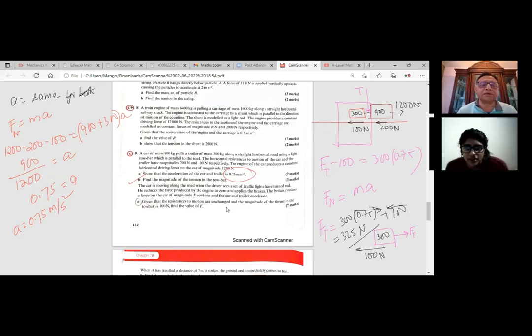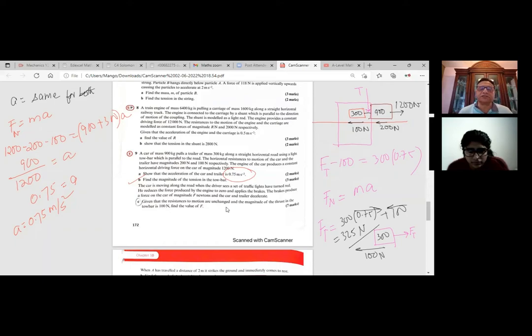Okay. What is the next part? The car is moving along the road, and the driver sees a set of traffic lights which have turned red. He reduces the force produced by the engine to 0 and applies the brake. The brakes produce a force on the car of magnitude F newtons, and the car and the trailer decelerate.